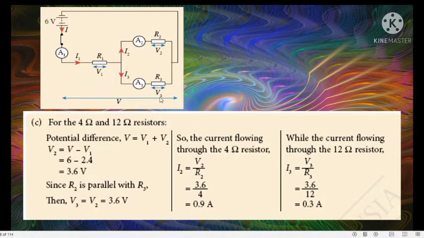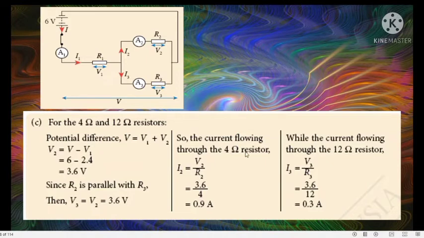As V2 equals V3, they are in parallel. So V2 equals V minus V1. So 6 minus 2.4, we get 3.6 volt. This one is 2.4 volt. This part is 3.6 volt. So the total is 6 volt. R2 is parallel to R3, so the voltages are the same, meaning V2 equals V3. So we get V3 equals V2 equals 3.6 volt.